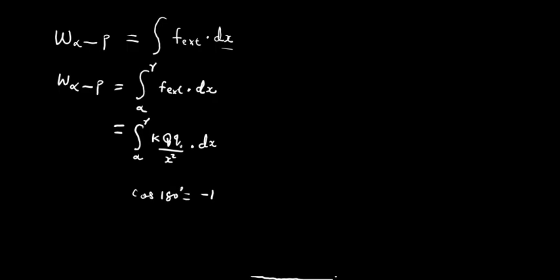So we rewrite the equation of work done as: work done from infinity to P will now be equal to the integral from infinity to r of negative K capital Q small q over x squared ds. Now let us bring the constants outside.